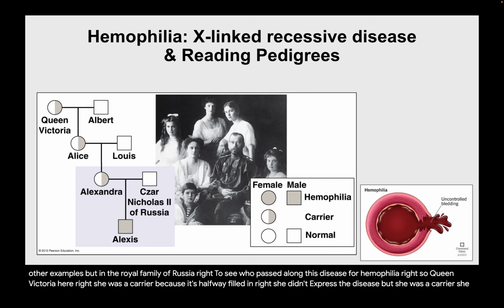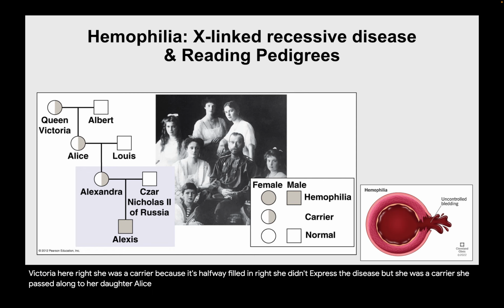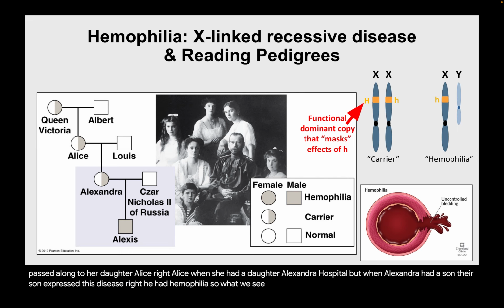She passed it along to her daughter Alice. Alice, when she had a daughter, Alexandra, passed it along. Alexandra, still a carrier here. But when Alexandra had a son, their son expressed this disease, right? He had hemophilia. So what we see is that Alexandra was a carrier.